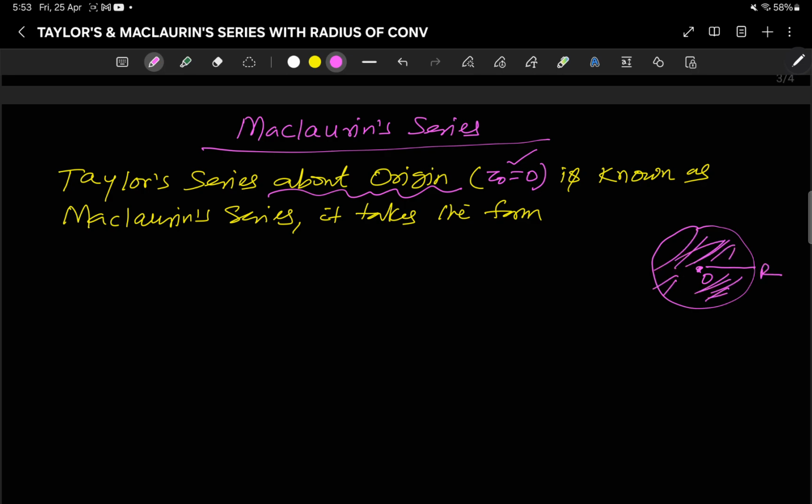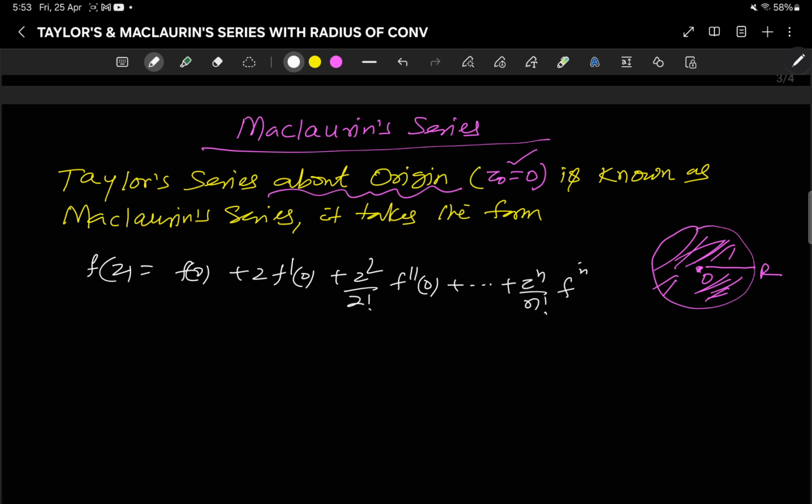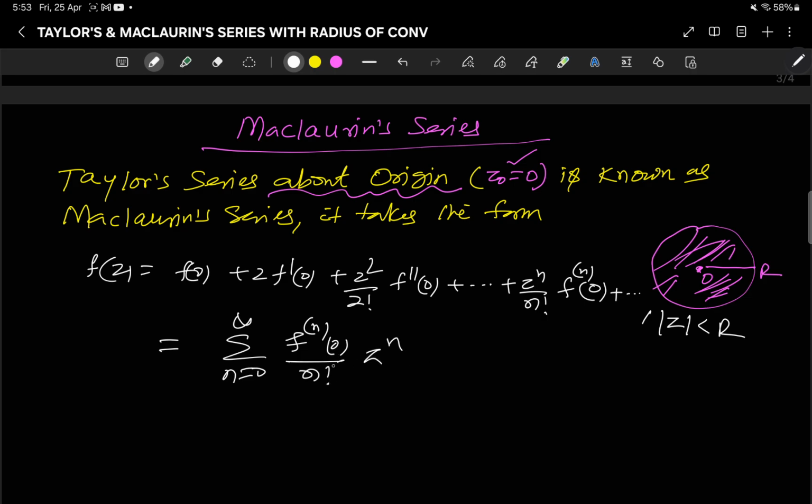It takes the form f(z) equal to f(0) plus z f'(0) plus z squared by factorial 2 f''(0) plus ... plus z^n by factorial n times the nth derivative at 0, and so on, with mod z less than R. Or we can write it as the summation of n equal to 0 to infinity of the nth derivative at 0 by factorial n times z^n, and this is my a_n. So this is the summation of a_n z^n, n from 0 to infinity.